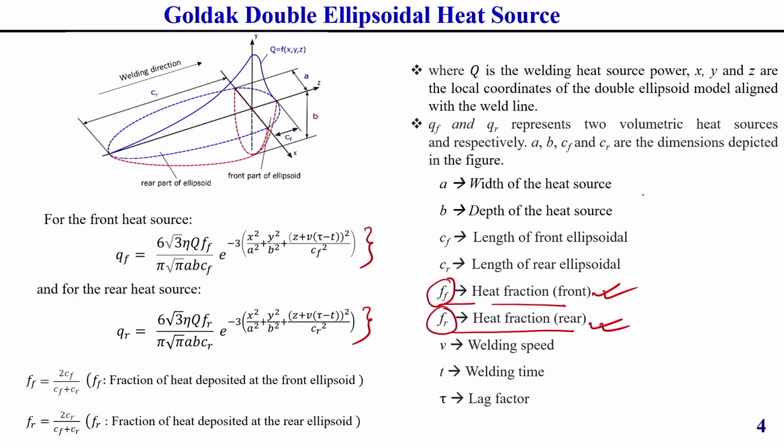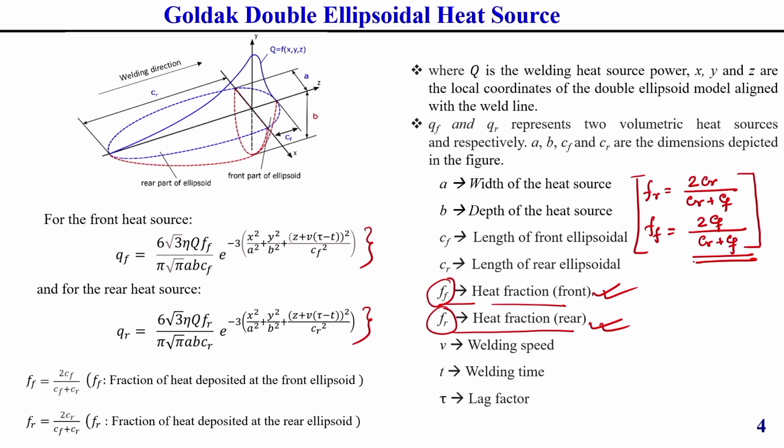And what are Fr and Ff? Generally Fr is represented as 2 times Cr divided by Cr plus Cf, and Ff is represented as 2 times Cf divided by Cr plus Cf. Keep this in mind, because if we calculate Fr and Ff like this using Cr and Cf, it gives us more accurate results.